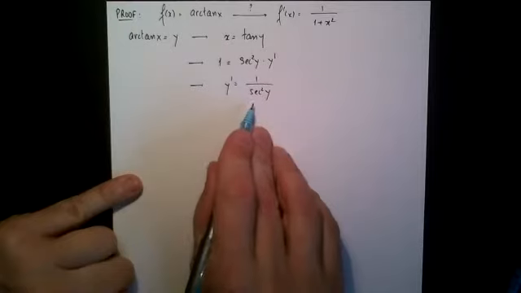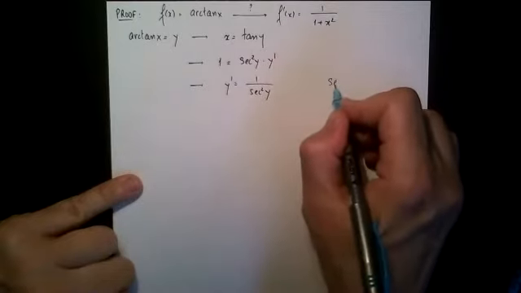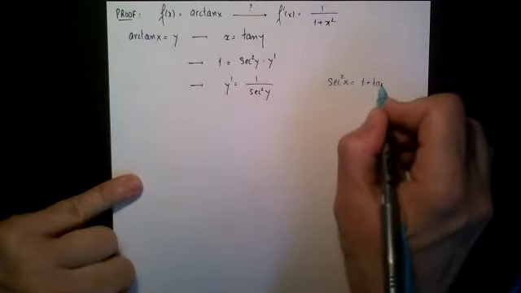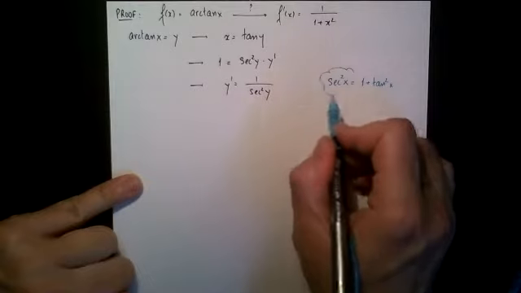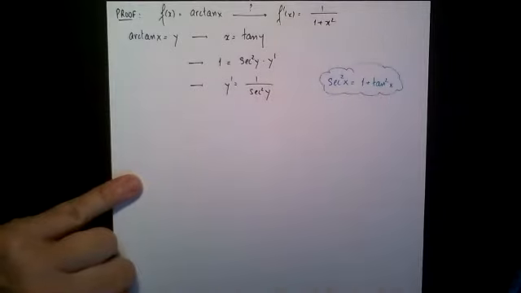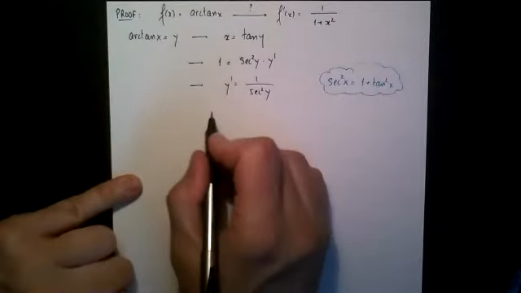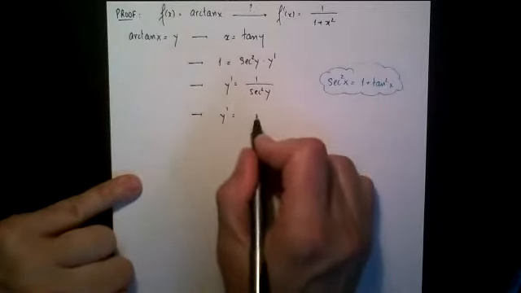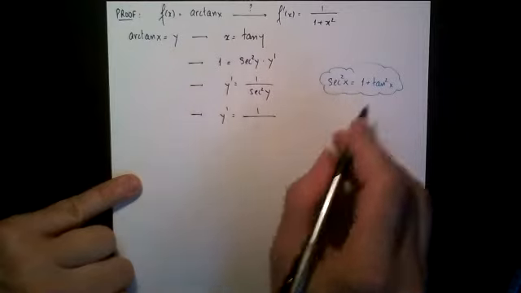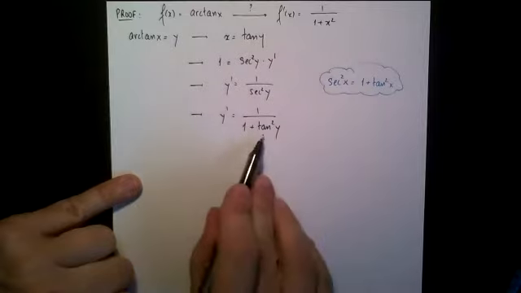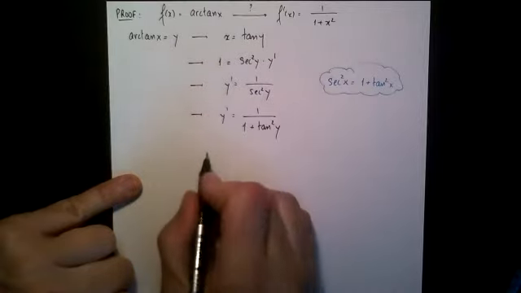And I'm just going to remind you of one of the trig identities that we proved, and remember that secant squared x is 1 plus tangent squared x. You remember this identity? Okay, so basically, this means that y prime is 1 over 1 plus tangent squared of y, but tangent y is x.